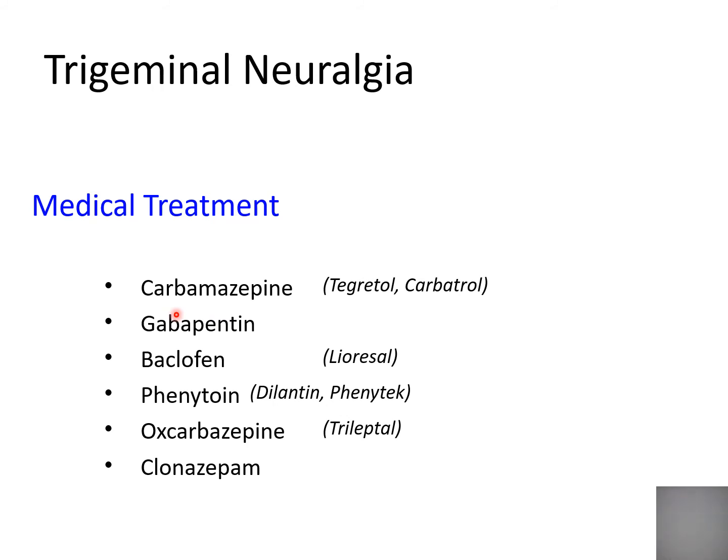It's an anticonvulsant drug which targets rapidly firing neurons by blocking sodium channels in these excited neurons. Not only is carbamazepine used for trigeminal neuralgia, but it's also used in the management of epilepsy, chronic pains, etc. There are a number of side effects you may wish to consider when prescribing carbamazepine, because it's one of the drugs which is available in the dental national formulary.